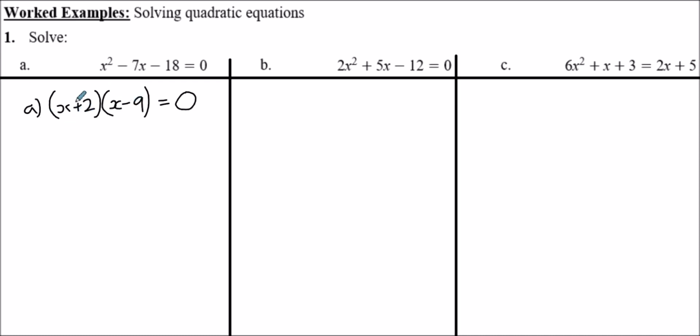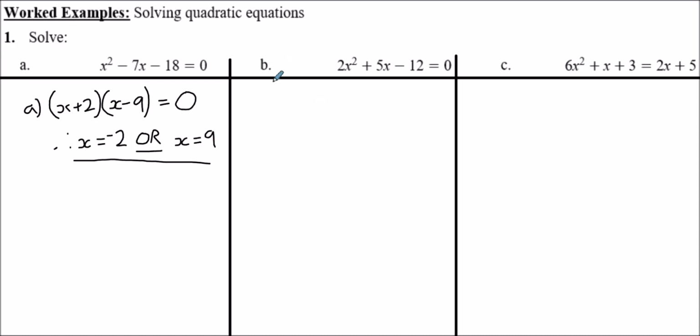And so either this bracket is equal to 0. If x plus 2 is equal to 0, that would only be true if x is minus 2. Or the other possibility is if the second bracket is equal to 0. If x minus 9 is equal to 0, then x must be equal to 9. The quick way of doing it: look at the values in the brackets, swap the signs. Plus 2, minus 9, positive.